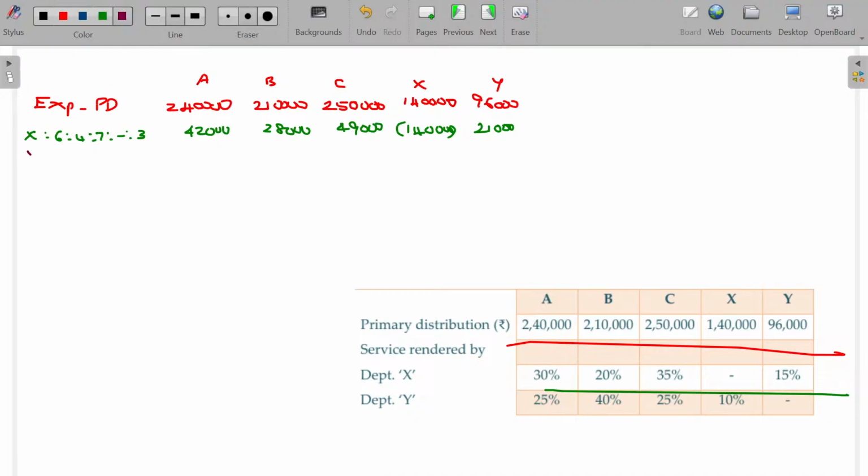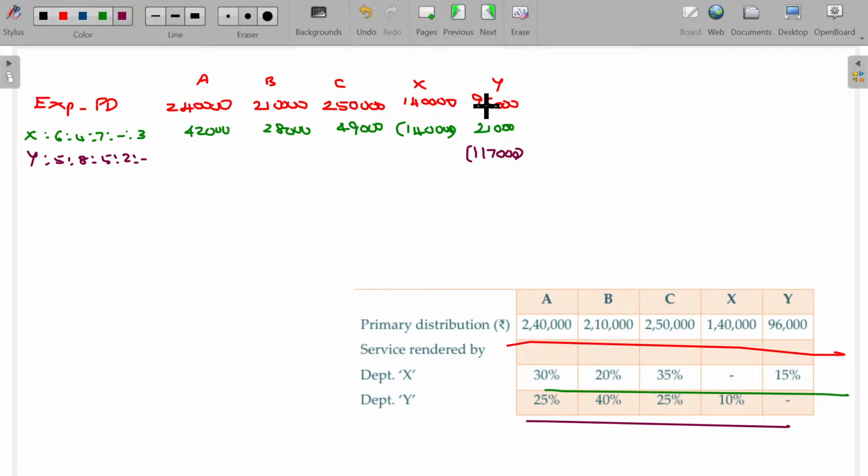Now we have to distribute Y to other departments, 5:8:5:2 dash. The total of Y being 1,17,000 should be subtracted so that hereafter Y becomes 0.